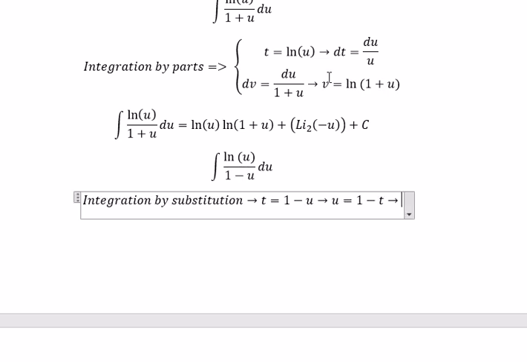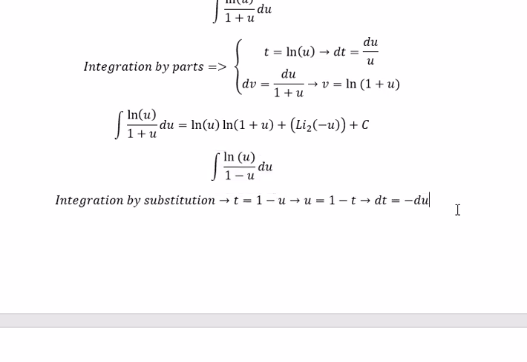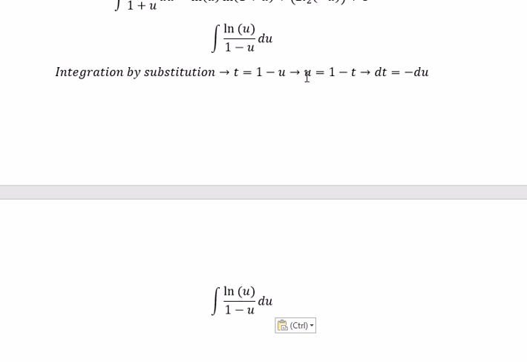And we do the first derivative of this one. So you got dt equal to negative du. So we put u equal 1 minus t in here. 1 minus u we change for t. du we change for negative dt in here.